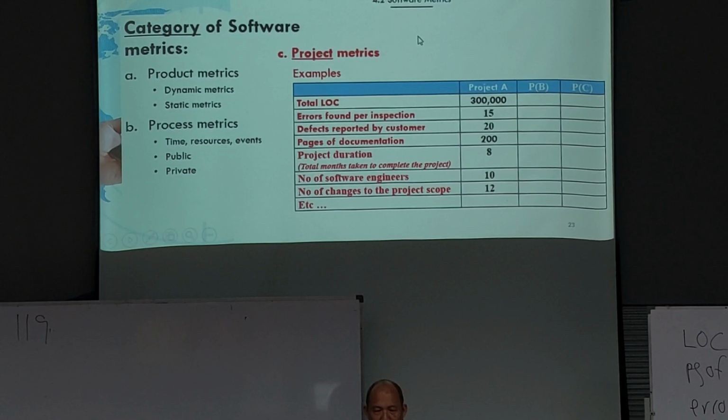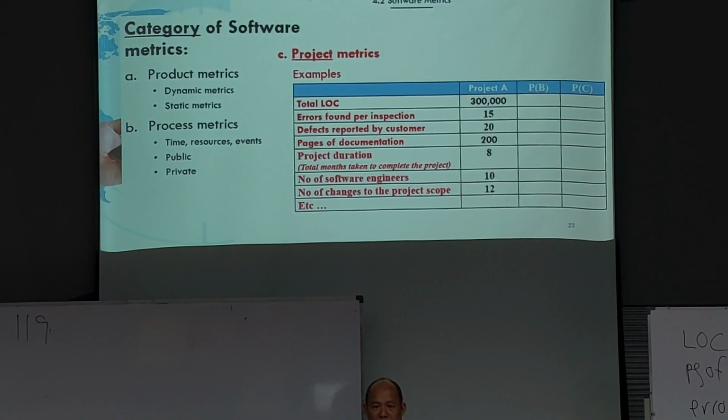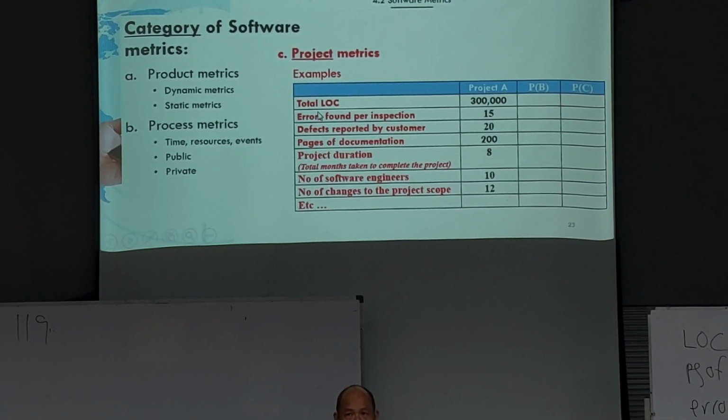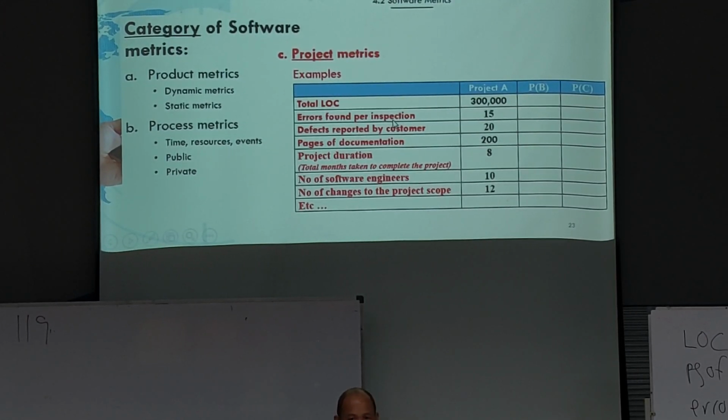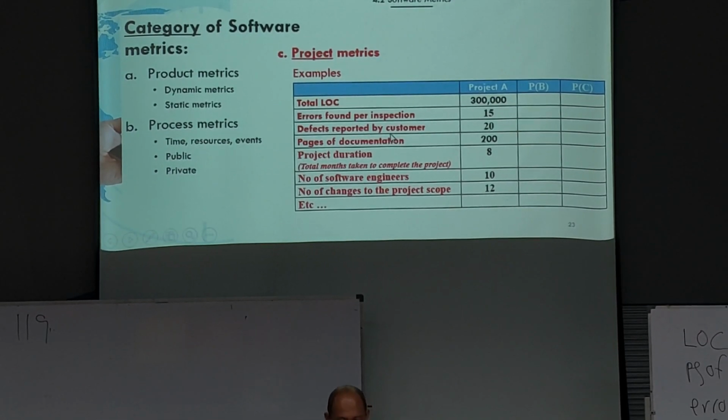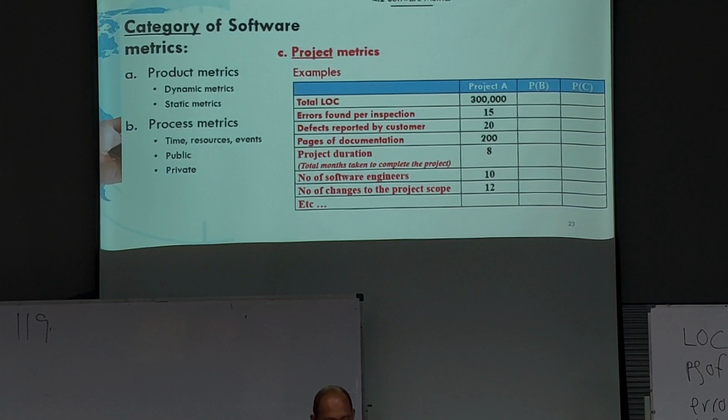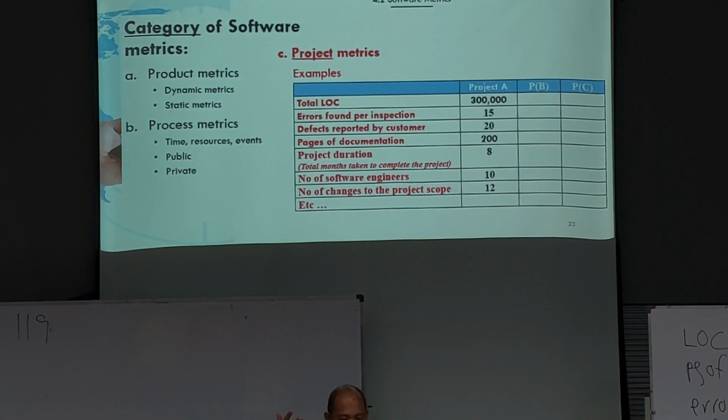Now, measuring project. For measuring project, you can count total lines of code. You can count errors found per inspection. Defects reported by customer: this can be after the project finishes and you install the software, so how many defects reported by customer?